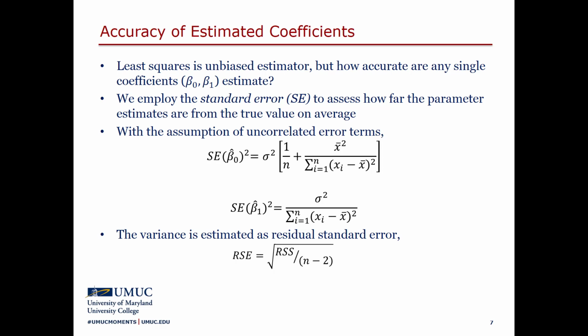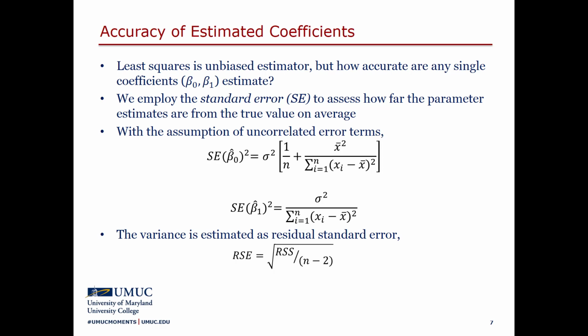What unbiased estimator means is that if you take multiple samples from that domain and fit multiple linear regression functions, and you take the average of those estimates, they converge to the population values. If you do that enough times, you converge to the population mean, and that is usually called an unbiased estimator. But how accurate is our single coefficient estimation? You fit a function on one sample; how accurate that estimation is, is what we're discussing here.